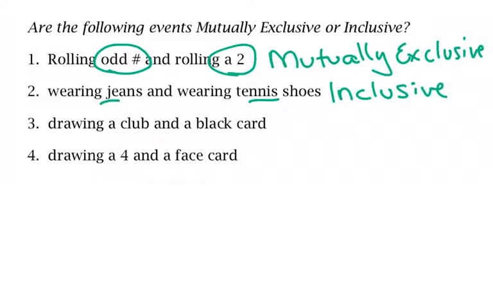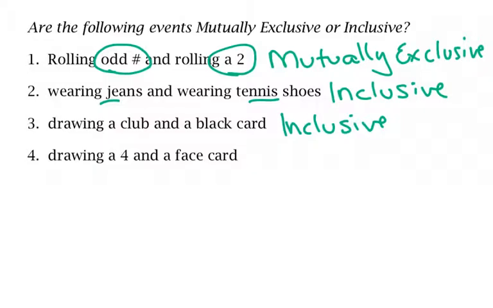Okay, now thinking about a deck of cards, could you draw a club and a black card? Can you draw a card that is both a club and black? That is obviously going to be inclusive because clubs are black. We could say it the other way around. Can you choose a black card that is also a club? That's also inclusive, even though not every black card is a club.